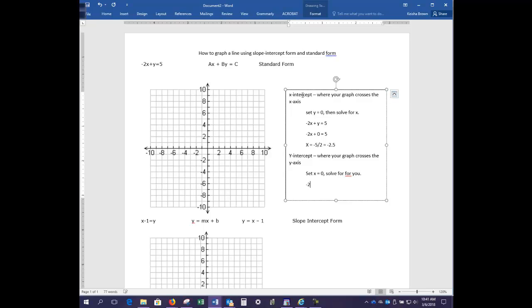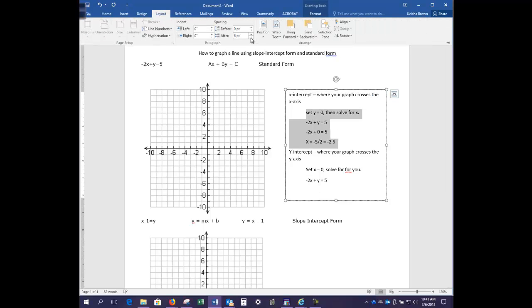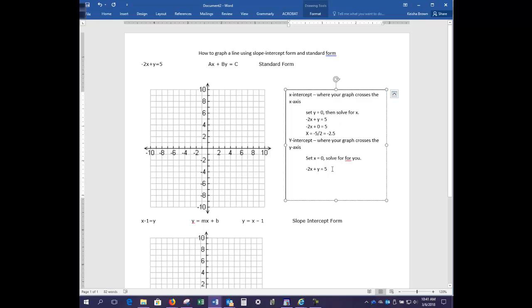In this case, we have negative 2x plus y equals 5. We replace x with 0. Zero times anything is just 0, so you'll just be left with y is equal to 5.